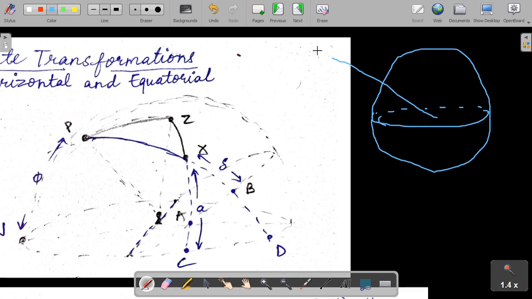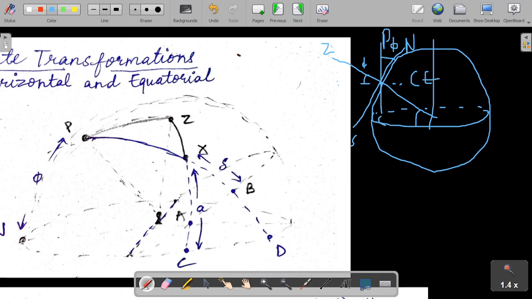Okay, so this was your zenith, this was your NCP, and this was your latitude. This was the North Pole, this is the South Pole, and this is the celestial equator.